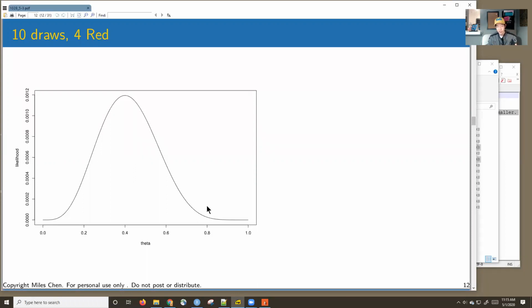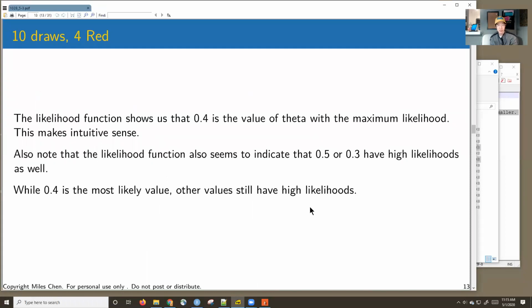It's really only when you say the pouch is 90% red that it becomes almost impossible to get 4 red out of 10 draws. So that's what this slide sums up: 0.4 is the maximum likelihood, and other values like 0.5 or 0.3 also have high likelihoods.